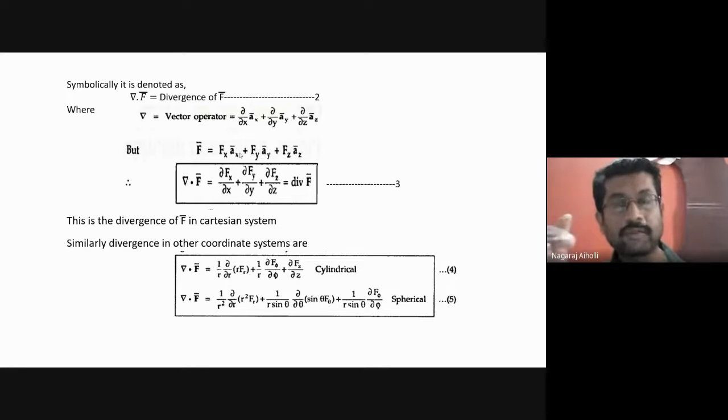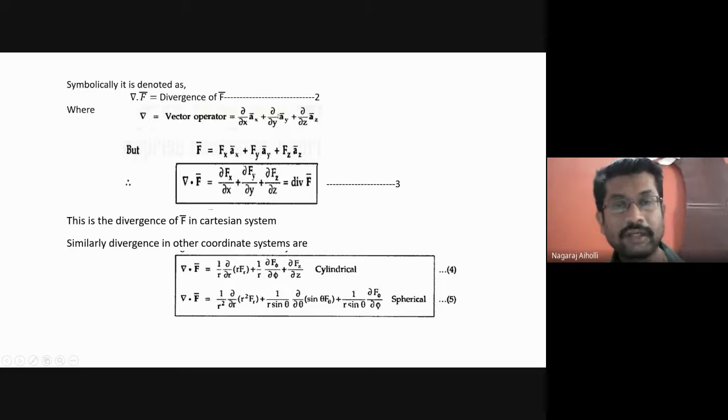What is the formula for the dot product? Dot product a dot b is given by magnitude of a into magnitude of b into cosine of angle theta between a and b. According to that formula, ax bar dot ax bar is equal to 1, correct?